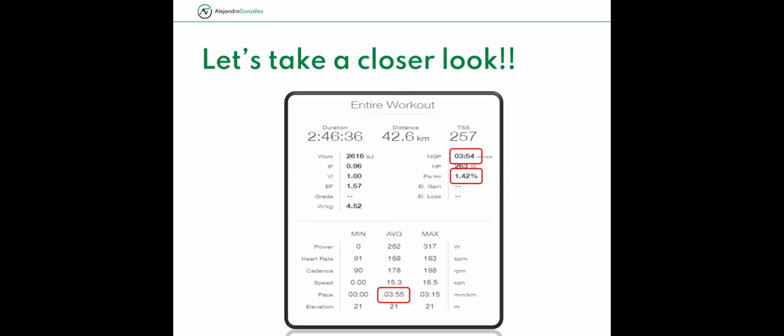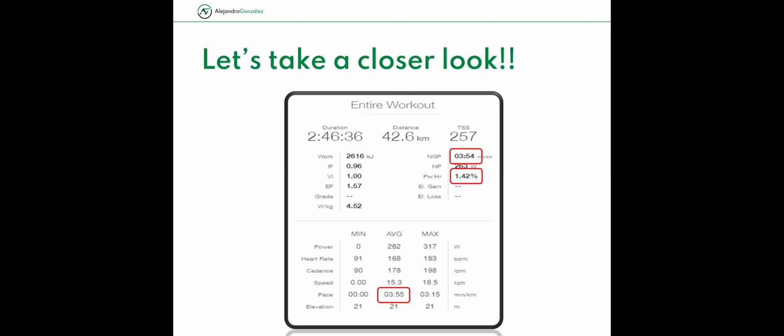But the power heart rate drift is the difference between the average heart rate that you had in all the race and how high or low the drift of this heart rate is during the race. And the deviation between the average pace and the final heart rate average is 1.42%.